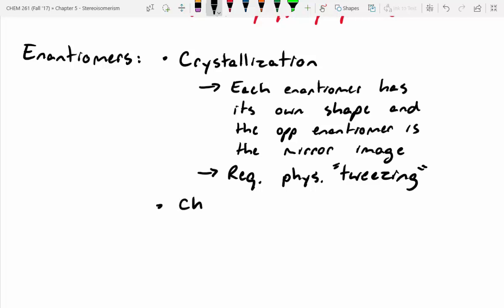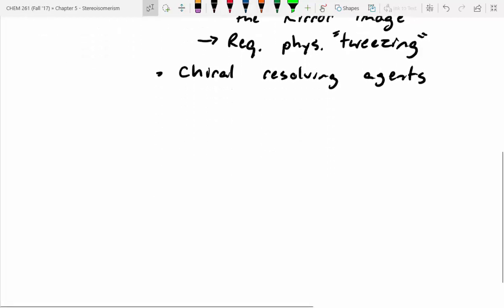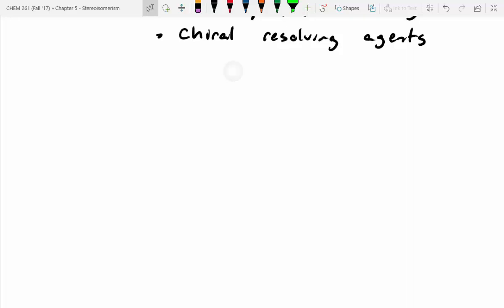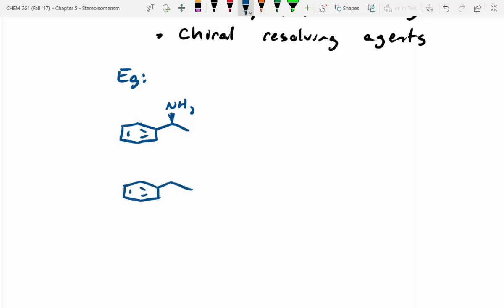The next one that's more popular is using chiral resolving agents. And I'll show you guys how this one works down here. So if you've got a chiral resolving agent, you might have a pair of enantiomers. So for this one, I'm going to borrow it from the book. You've got an amine where one is a wedge and the other one is a dash. And these are mixed together, and you want to separate them out, but they have the exact same physical properties.